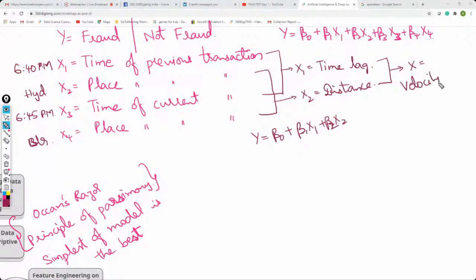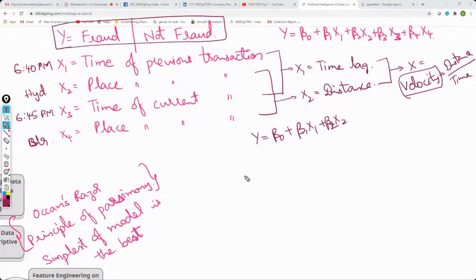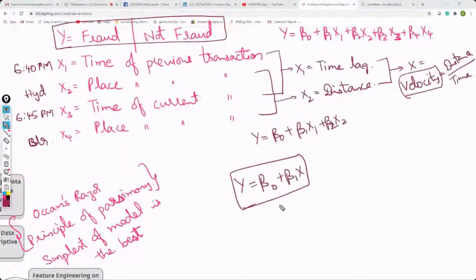And velocity is equal to distance upon time. So distance divided by time. Wonderful. So using these four variables, I could compress those somehow using my domain knowledge into a single variable. And if I have a single variable, I can use only velocity to predict fraud or not fraud. And hence the equation will be y is equal to beta naught plus beta 1 into x. This is the simplest model that you can build, thereby satisfying Occam's razor or principle of parsimony.